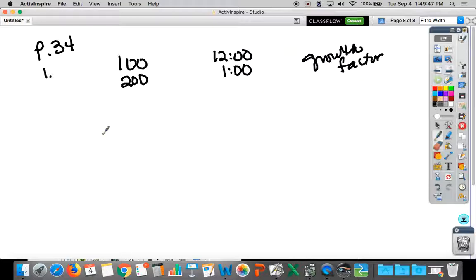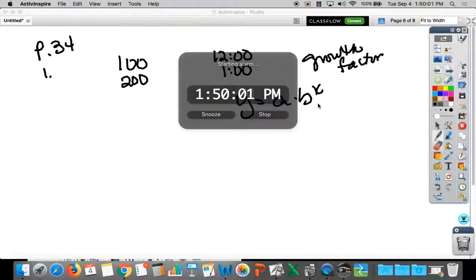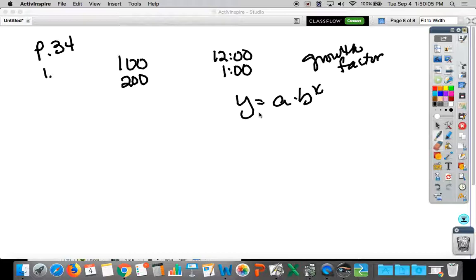Okay, so go ahead and set it up. y equals a times b to the x, and see if you can determine the growth factor. All right. Take your 1 minute.